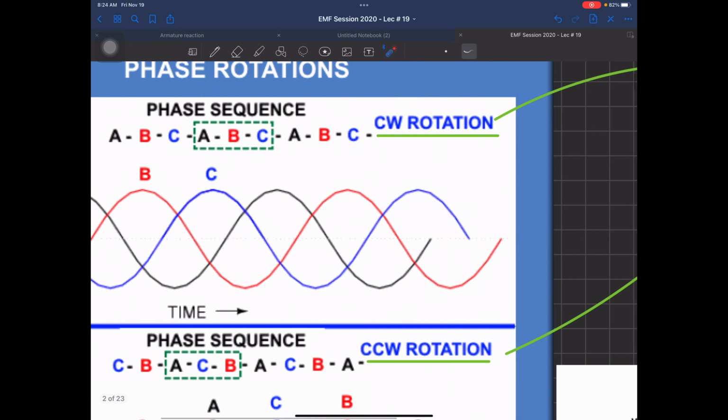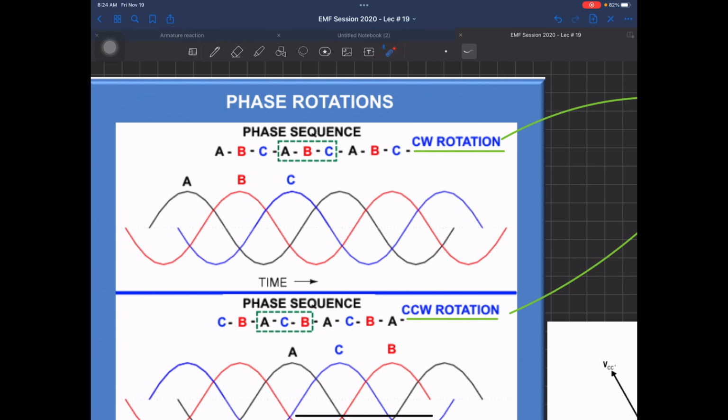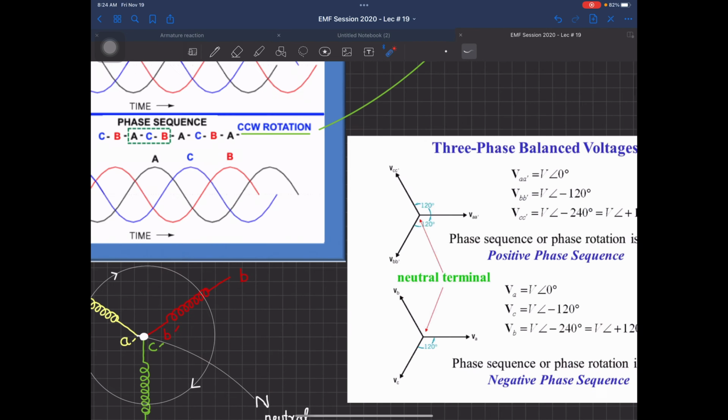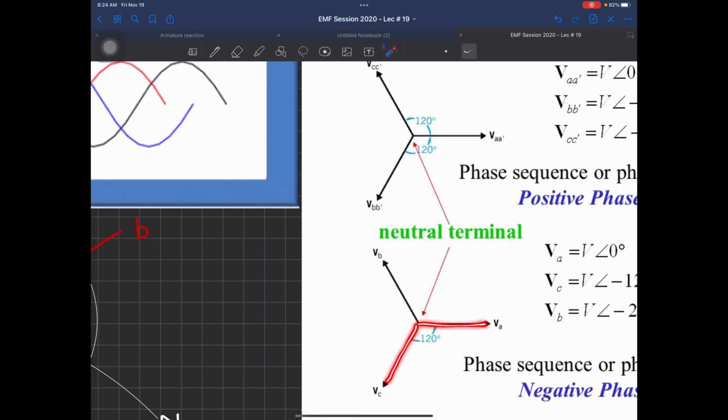Now if you want to change the direction of rotation, you swap the locations of these two, that is B and C. When you do that, your phase sequence now, this will be VA, this is now VC, this is VB, because you have swapped two. So now if you do the sequence, this is A, this is C, and this is B. So now this is negative sequence, and there are only two possible combinations available.